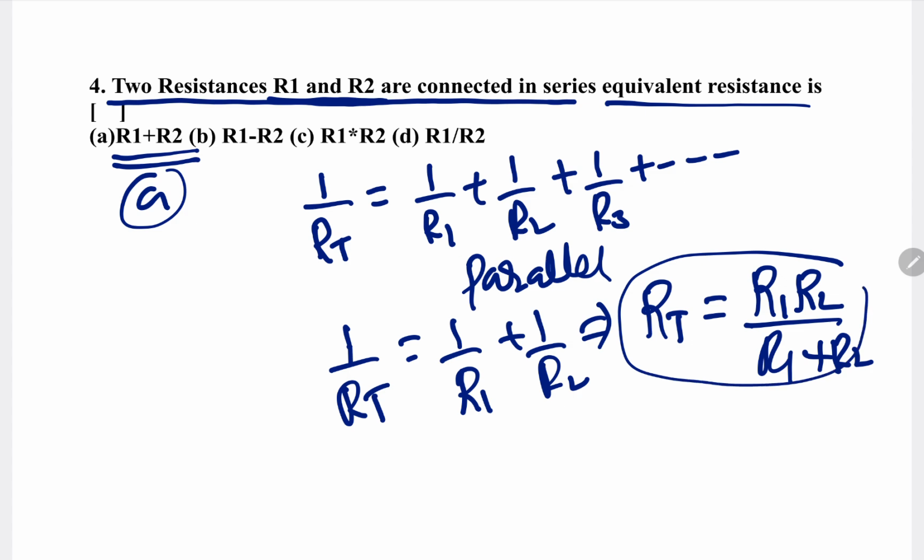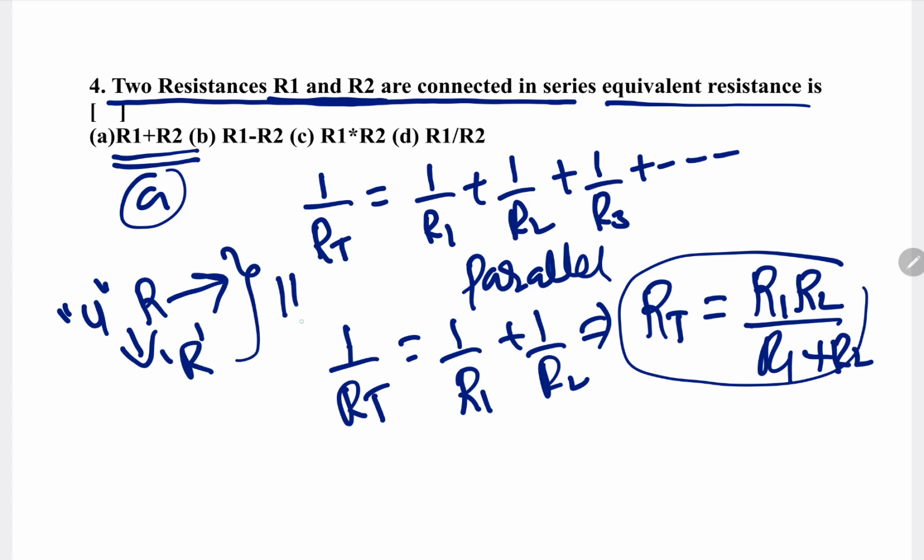And one small important thing you remember, let us say there are four resistors. Each resistance value is capital R. Then all four are connected in parallel. Then what is the total resistance formula?